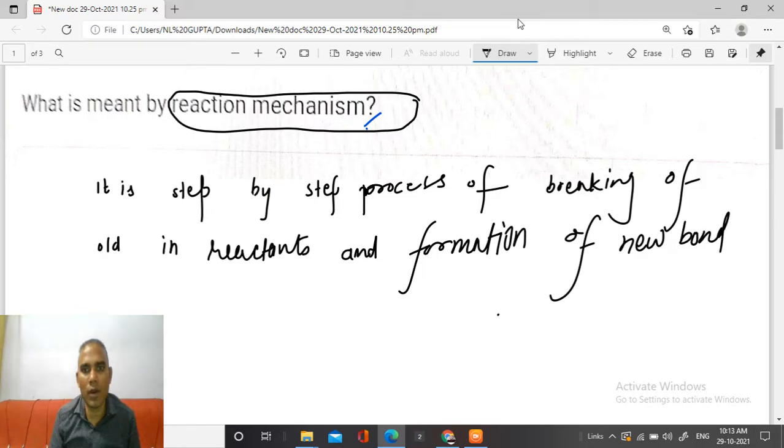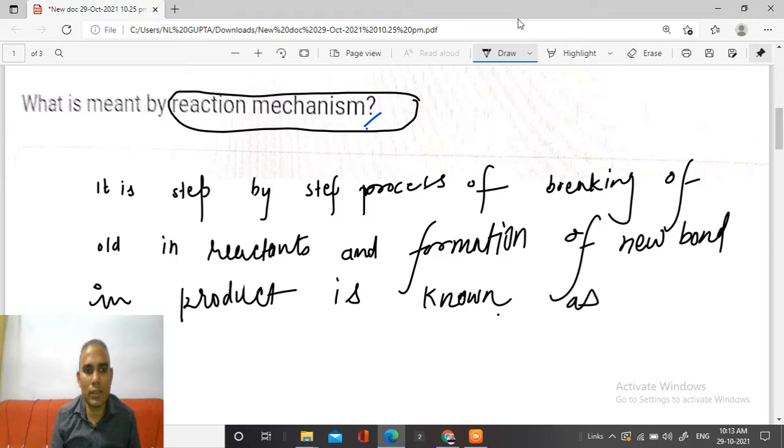That is known as reaction mechanism. That is the meaning, students.